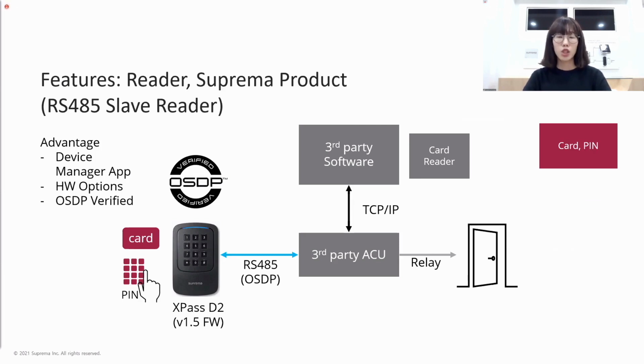In XPS2, since it does not support TCP connection, presetting through software is not possible. Instead, it is easy to change the settings through the mobile app or a button on the hardware. For reference, other BioStar IP-based devices that support RS485, other than D2, can also be applied to this structure.